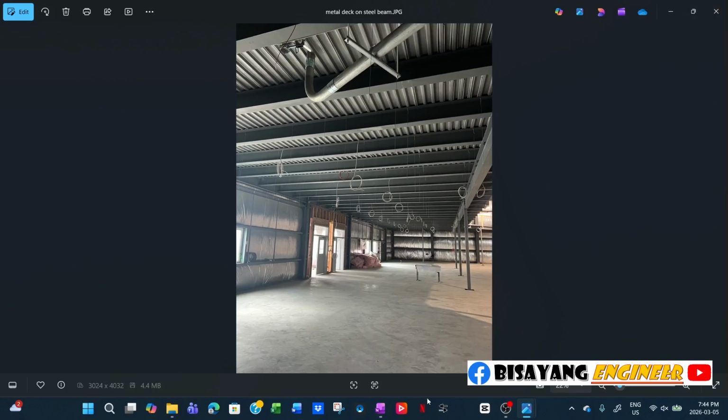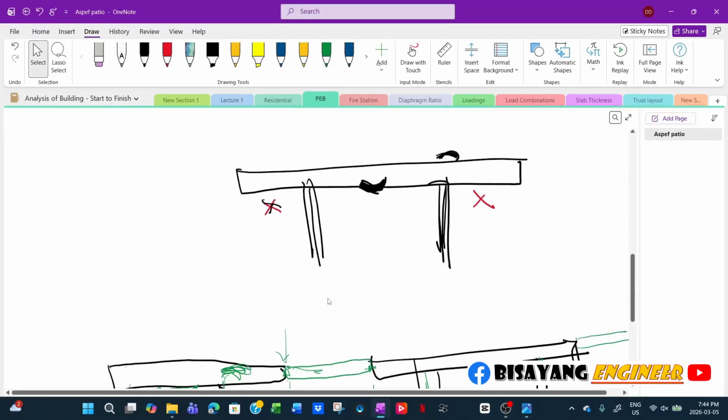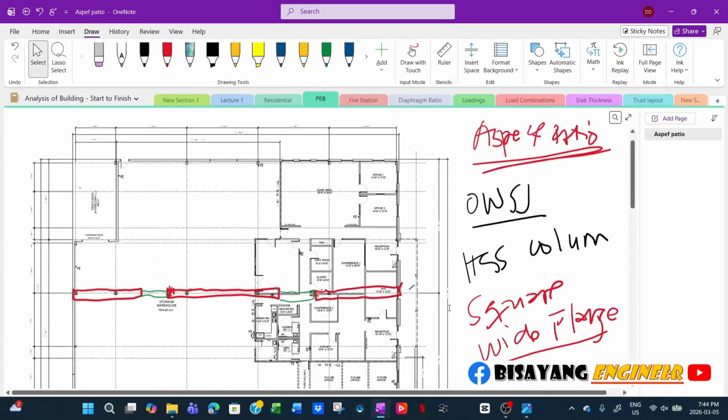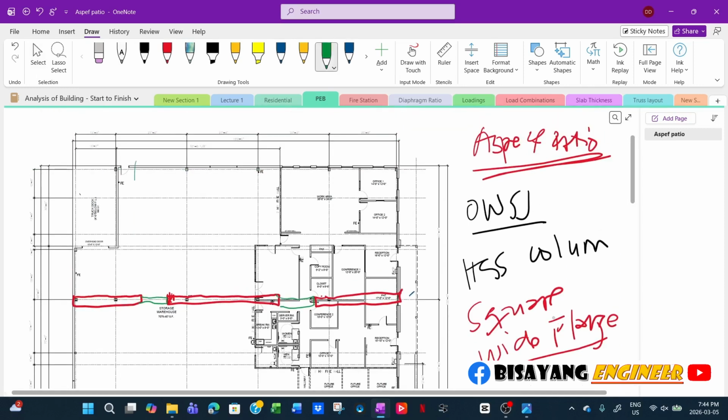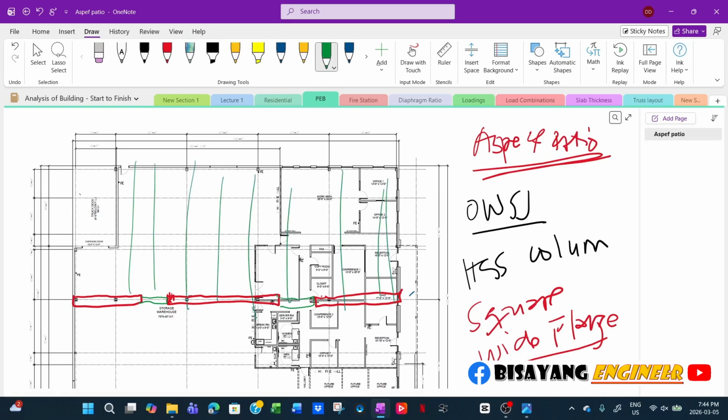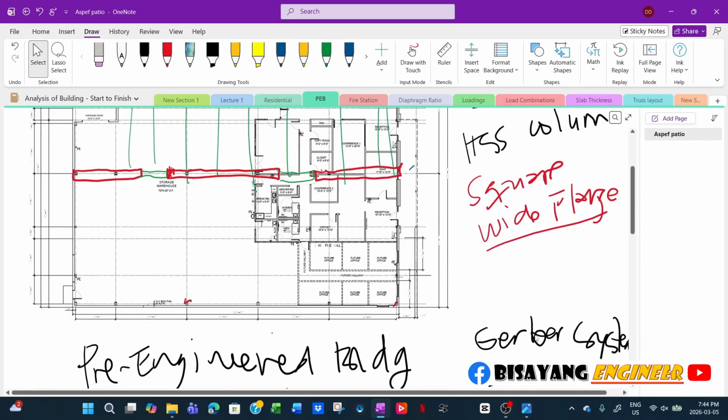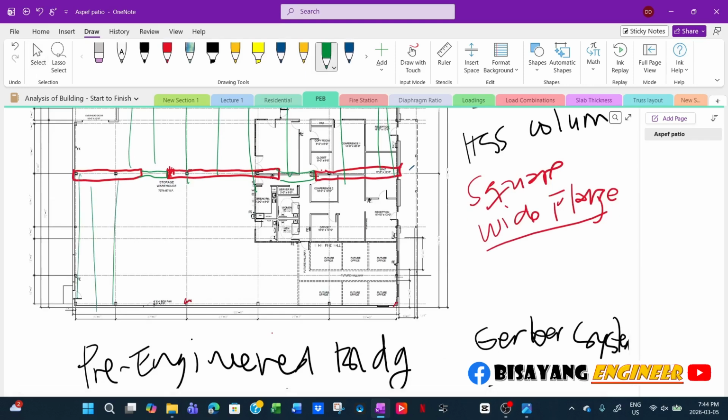So if this particular building were designed with steel framing, then like I showed you earlier, it would be steel joists in the same direction as a wood truss in our last video.